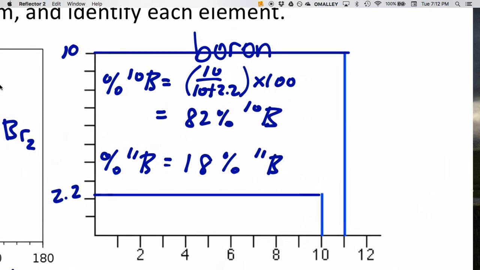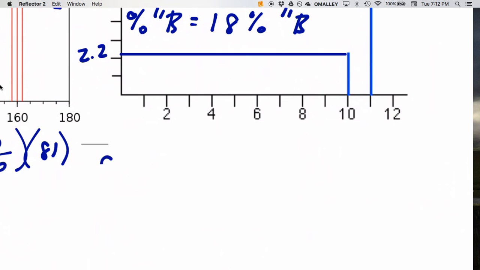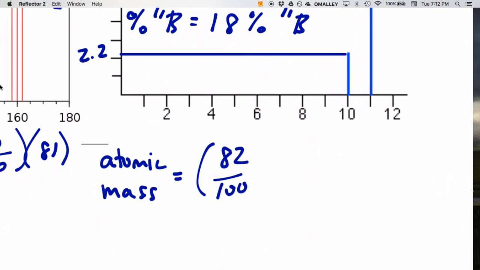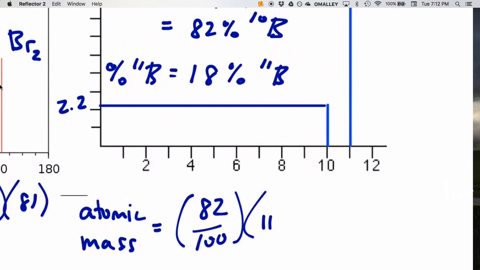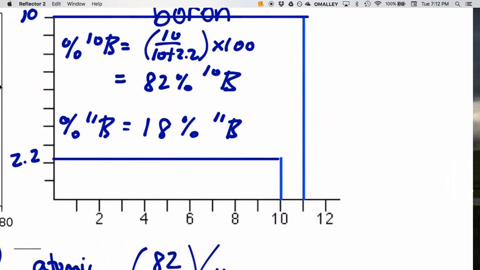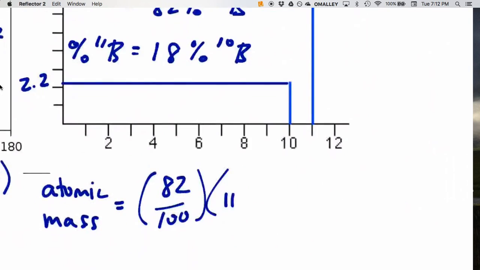boron 11. And I can use that to calculate the atomic mass, which is 82% of boron 11. Oh, whoops, I have that backwards. My bad. The first one was boron 11, and the second one was boron 10. That makes more sense.